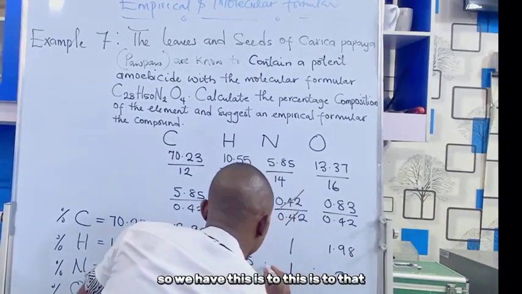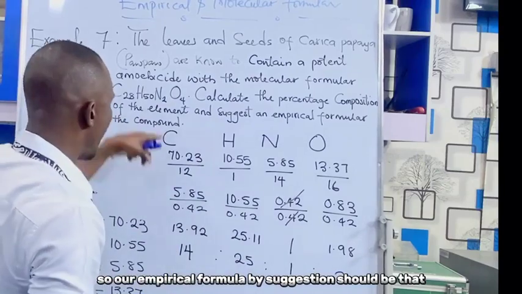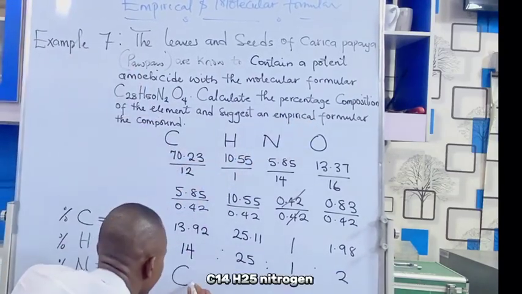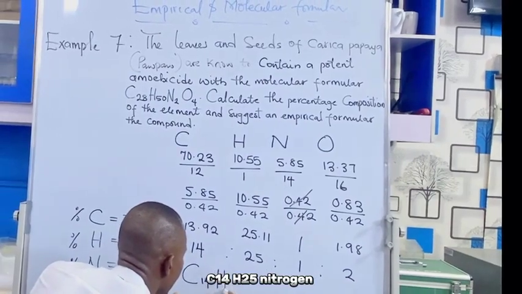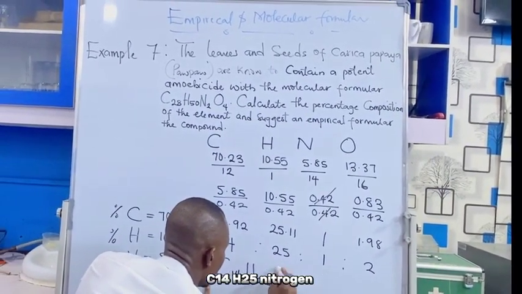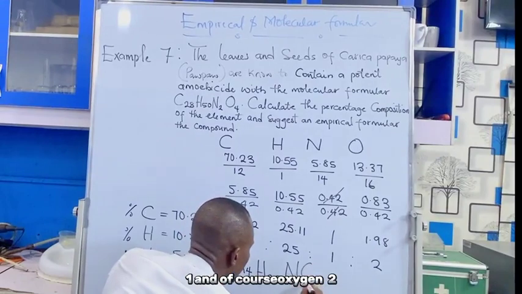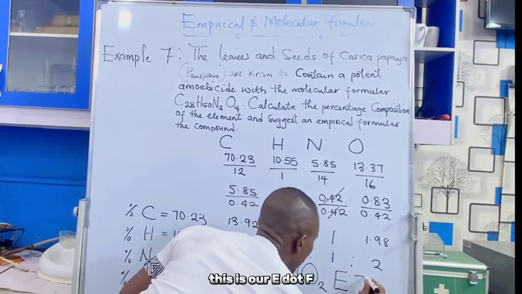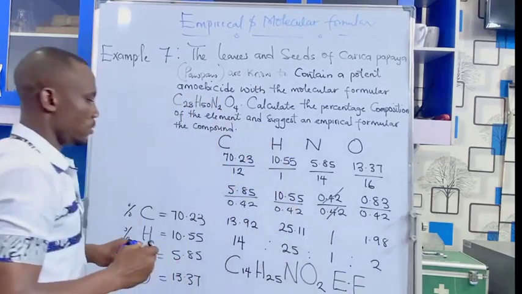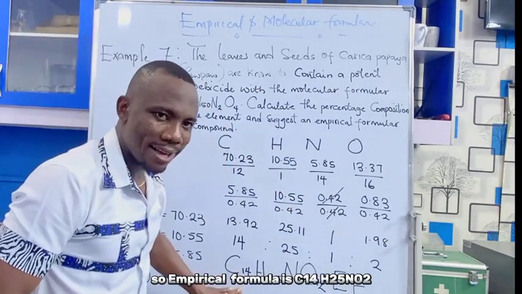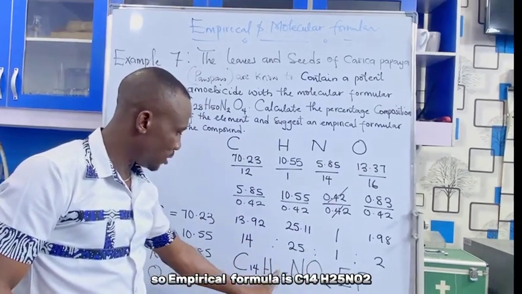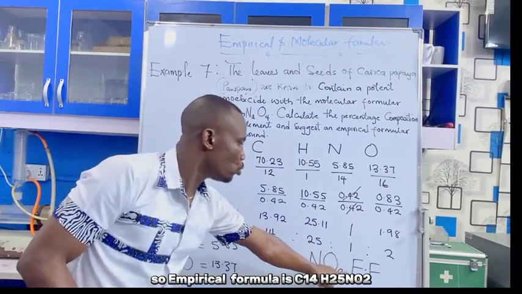So our empirical formula by suggestion should be C14, H25, nitrogen 1, and of course oxygen 2. So the empirical formula is C14H25NO2.